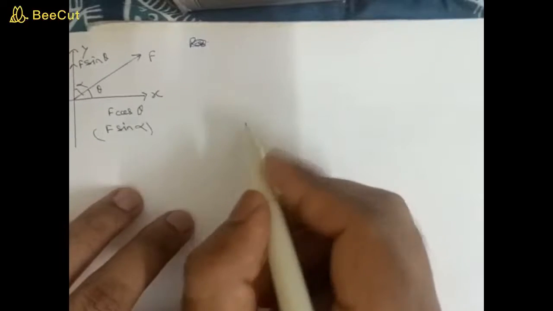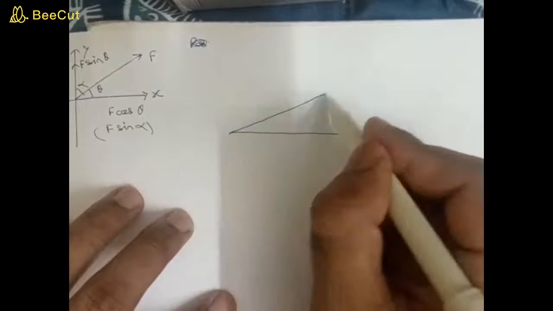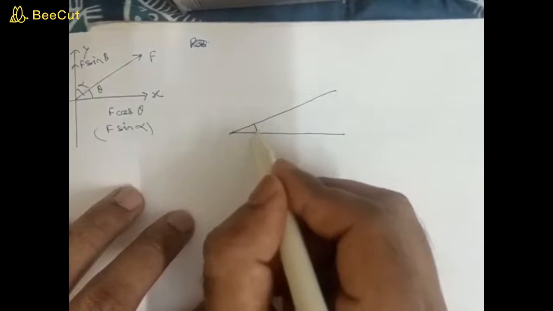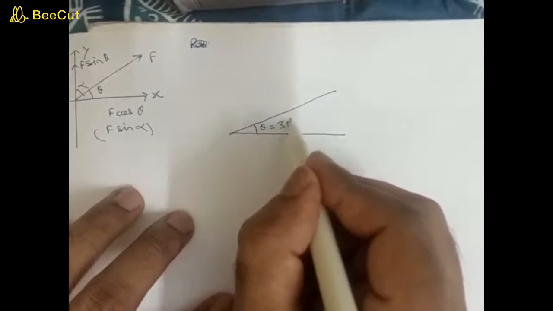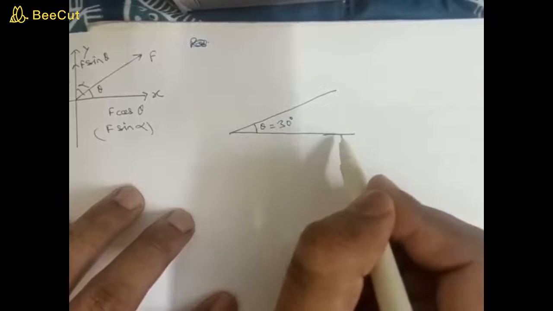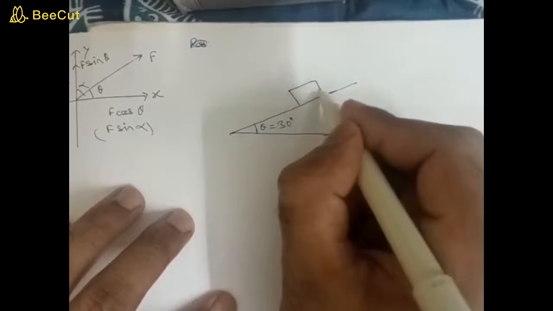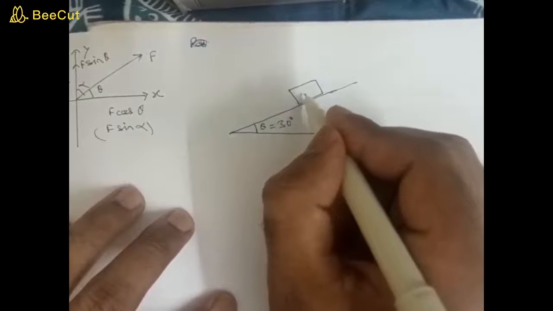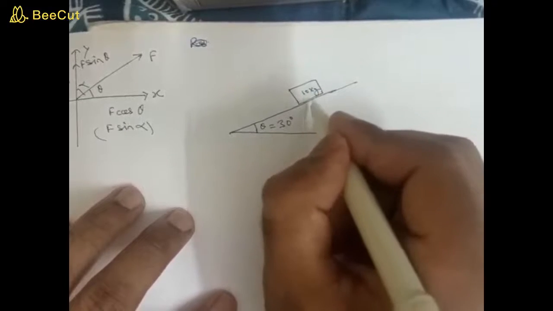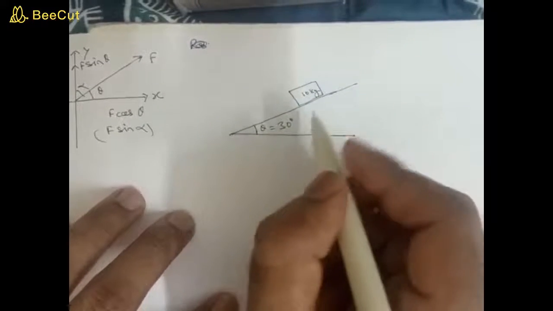We can see this by an example. Suppose this is a plane which is making an angle theta equal to 30 degrees from the ground, and suppose a block of mass 10 kg is kept on this surface.